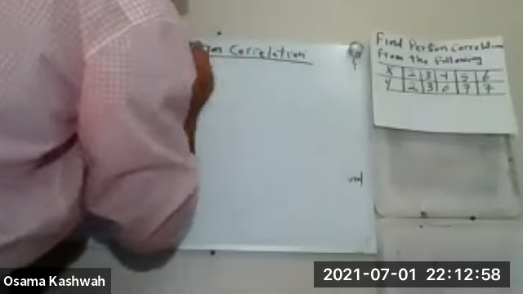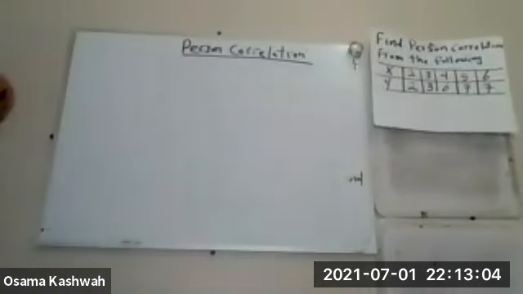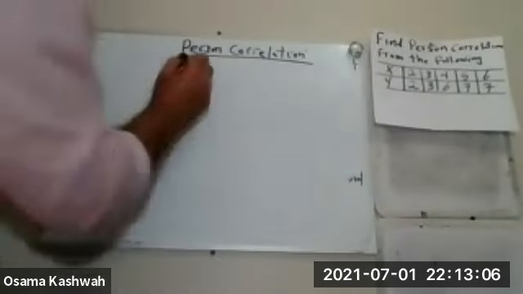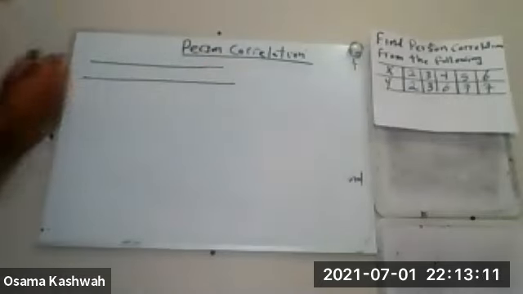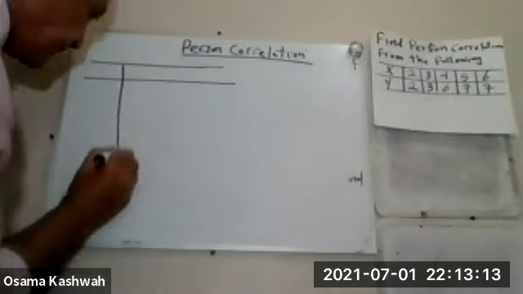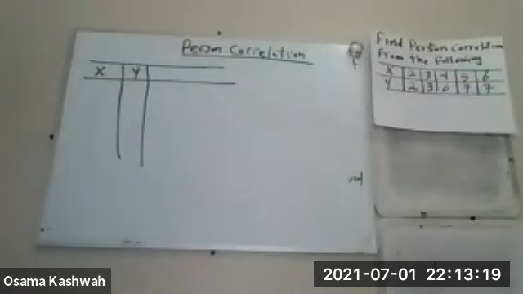First of all, we will put the variables that were given in the example vertically. Here we have x, and here we have y. I didn't change anything; what came horizontally, I will put vertically.